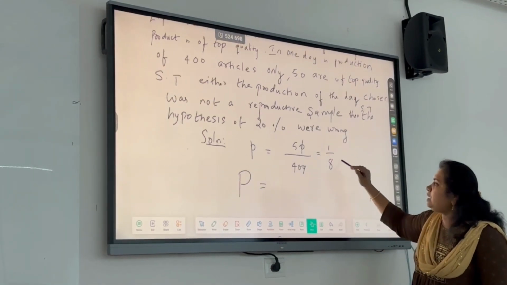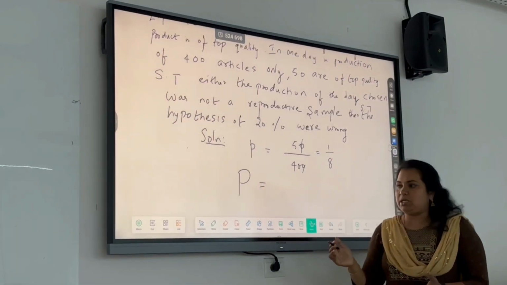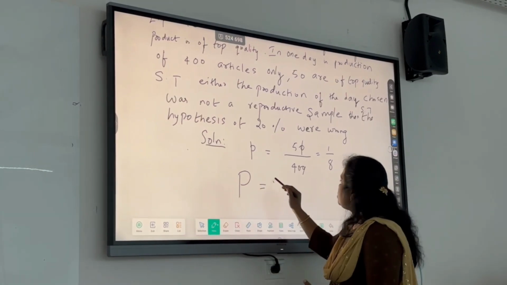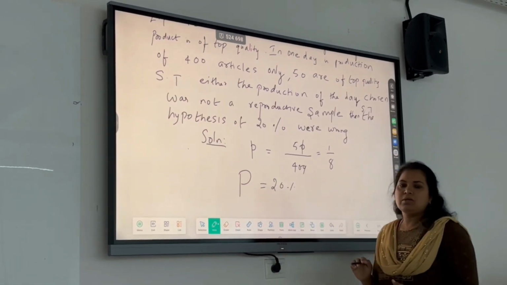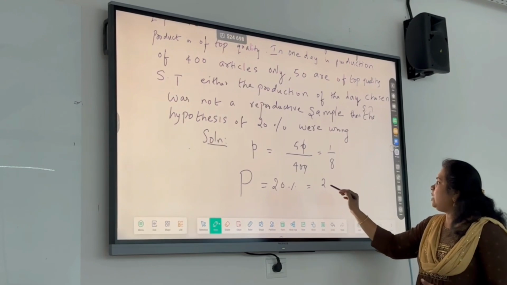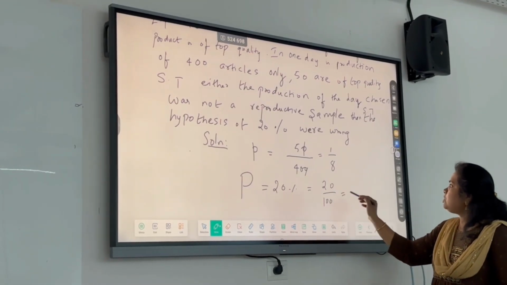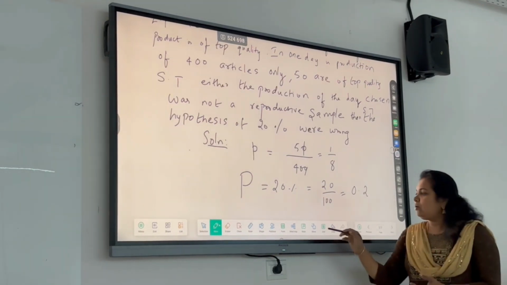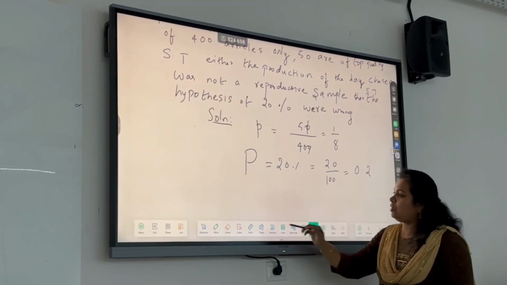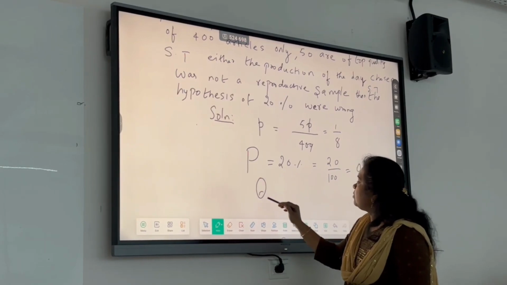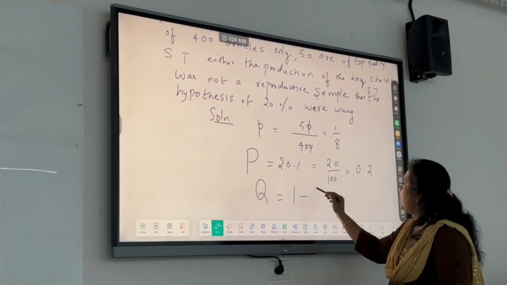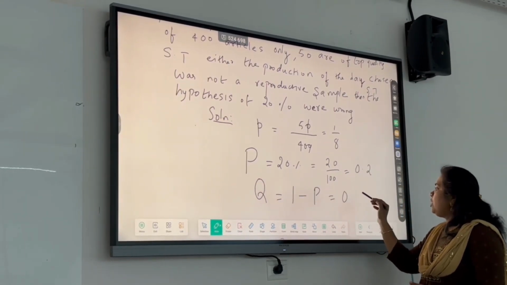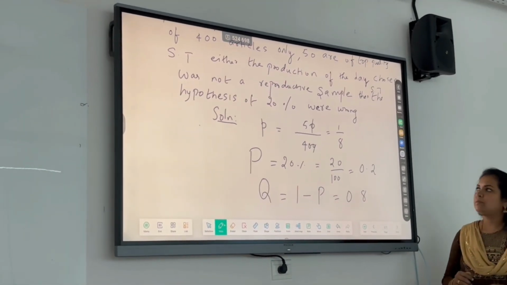So, the 20% is already in the population, and we call that P. Which is 20 by 100, which is 0.2. Now, from here we can find capital Q, which is 1 minus P, that is 0.8.